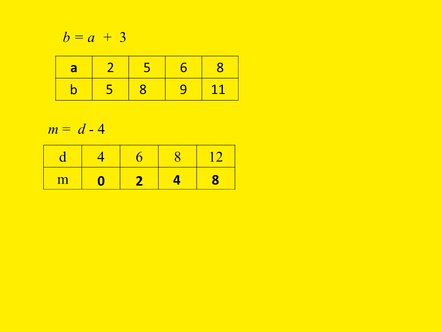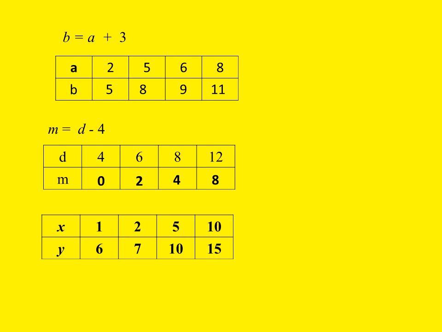Here's a more difficult one we might come across. In this one, I have actually told you what X is worth. And then I've told you what Y is worth. So this is the X row, this is the Y row. Now what I will tell you is to go from 1 to 6, then 2 to 7, then 5 to 10, then 10 to 15.